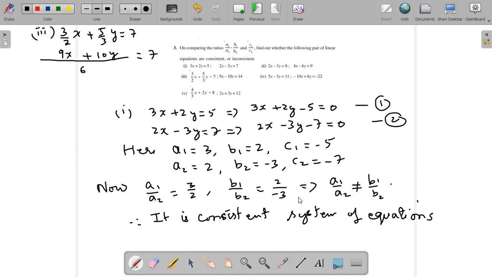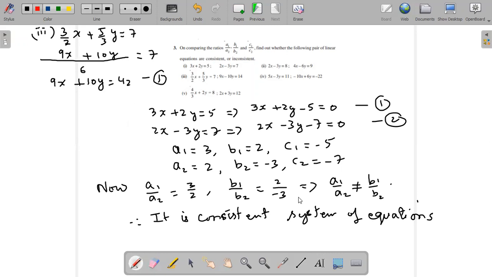And this 6 will multiply on the right hand side. So we get 9x plus 10y is equal to 7 times 6, which is 42. So this will be our equation number 1. Like this we can change into fractionless quantities.